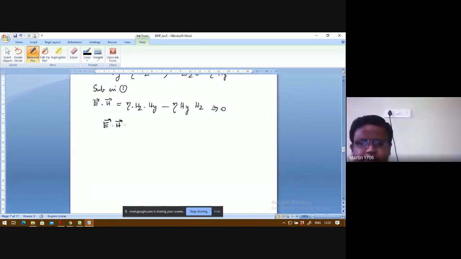So then the dot product of the electric and magnetic field is equal to 0. The dot product between the electric field and the magnetic field is equal to 0.